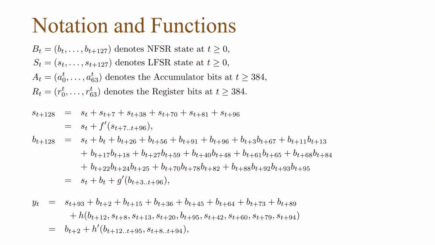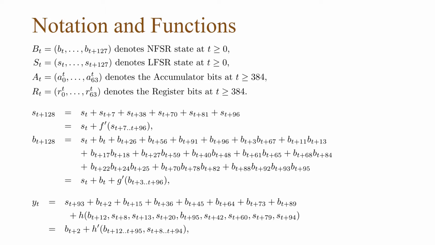Let us introduce some notation and some functions that we are going to use. By capital B, we mean the NFSR state at t greater than or equal to 0. By capital S, we mean the LFSR state at time t greater than or equal to 0. Capital A denotes the accumulator bits at time t greater than or equal to 384, that is after the initialization process.